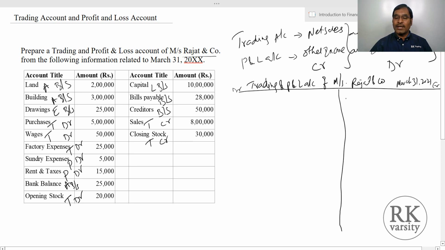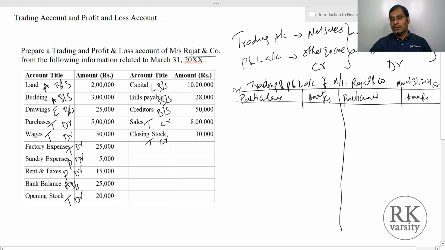I am not paying too much attention to the format, but you need to be very particular about the formats in your academics; otherwise in practice it is not required. Particulars, and then you will have an amount in rupees. So here also, particulars and amount in rupees.